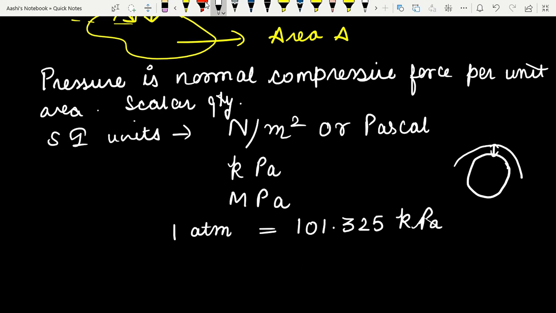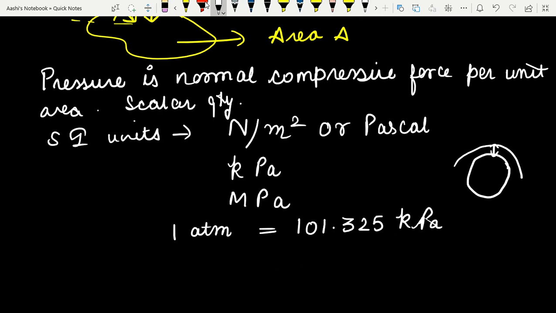If you are in a plain area and if you are at the peak of a mountain, you will find the difference in pressure, because as you go up, the height of the atmosphere above you will be less. And we'll see how pressure is related to depth or height, how it varies with height, that we'll look at.